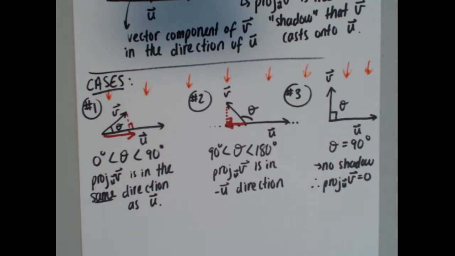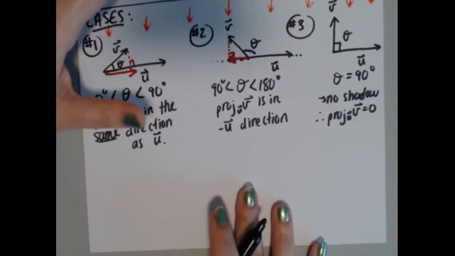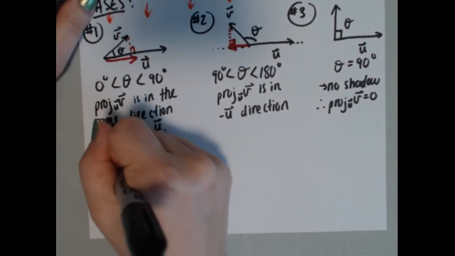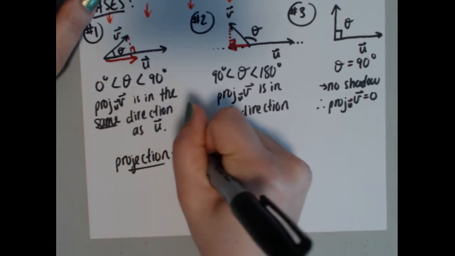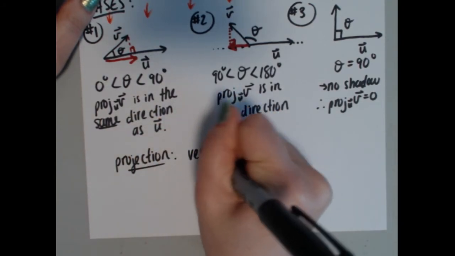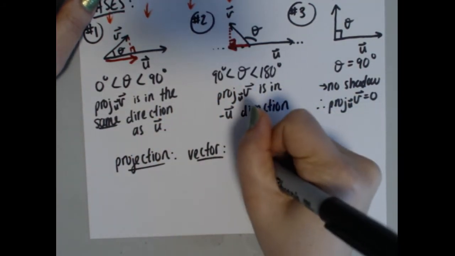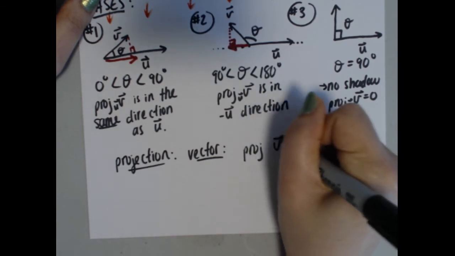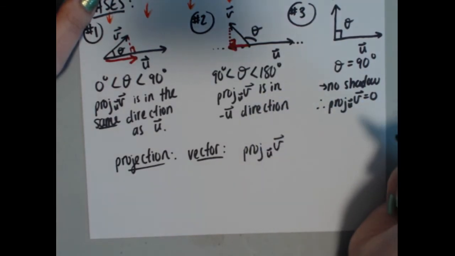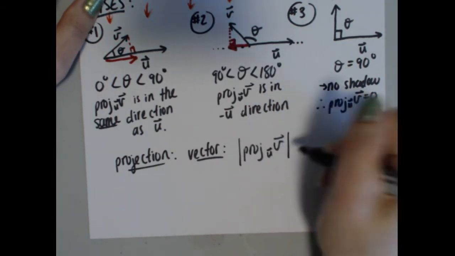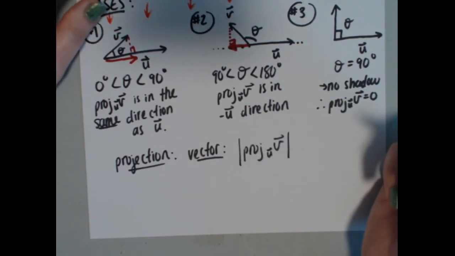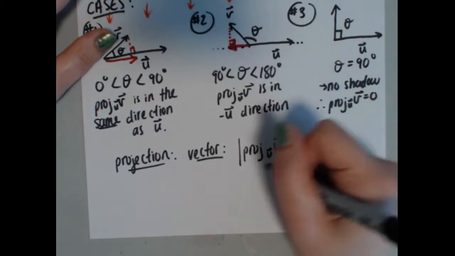Okay, so let me just finish off here by stating that the projection, while it is a shadow, is a vector. And so sometimes what we'll do is write it like this. Projection of V onto U, while this is a vector, if I was to put these two absolute value symbols around it, this would imply the magnitude.